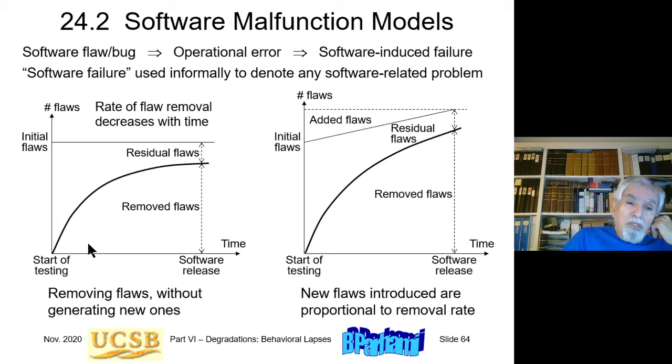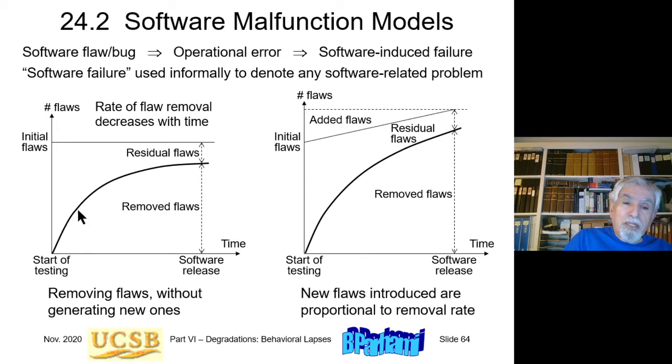So here is a model of how flaws change as a result of testing. Initially we develop a piece of software. Before testing, it has a certain number of flaws. Again, we don't know the exact number; we estimate that it has a certain number of flaws. Then as we start testing, in the early days and weeks of testing, we remove a lot of those flaws.